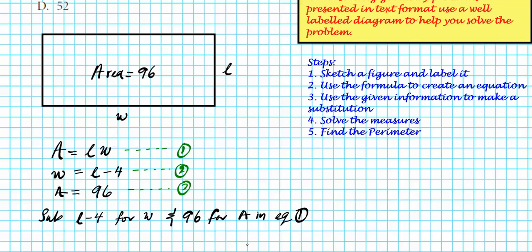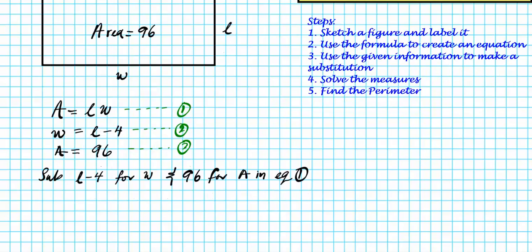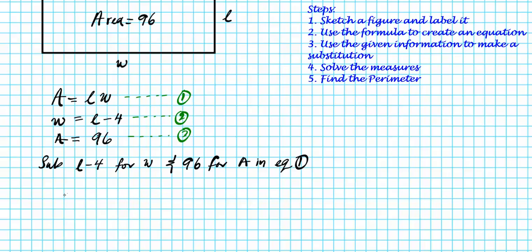Bam. Okay. So when we carry out that substitution, we're going to end up with A becomes 96 equals L, the length, times, instead of W, we're going to replace that with L minus 4.